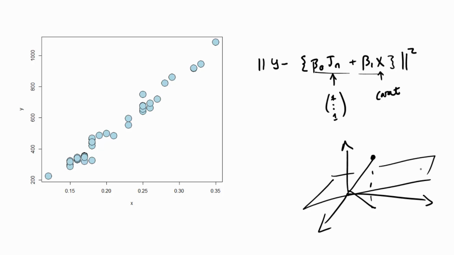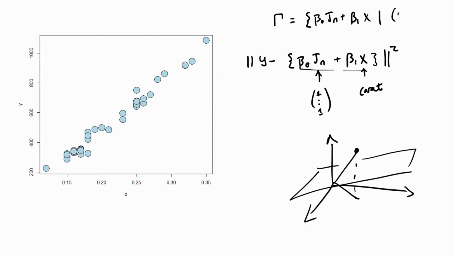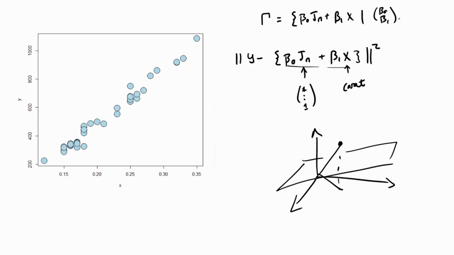Only 2 parameters are varying linearly in that space, the space that looks like this, the space gamma, which is the collection of beta naught times jn plus beta 1 times x for beta naught, beta 1 in R2. That space is, of course, two-dimensional, and it's linear, so it looks like a plane in 3 dimensions.